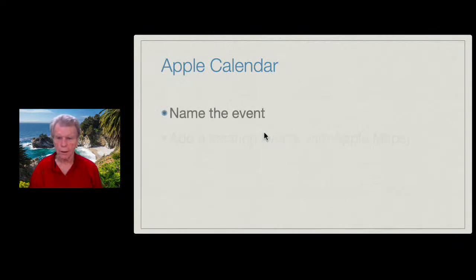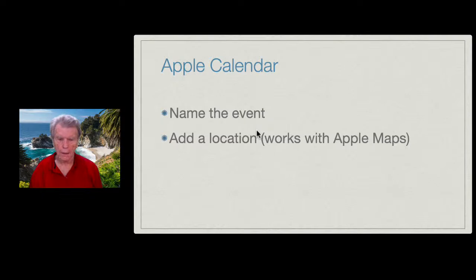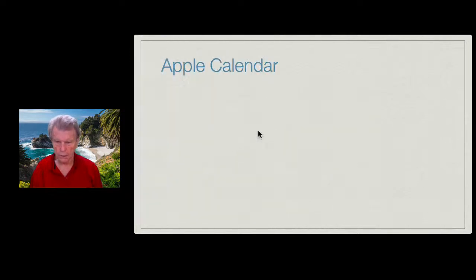So we named the event, we added a location, and when you add that location, it also shows up on Apple Maps. When you go to the calendar event, you click on the location and it opens Apple Maps, and then you can get driving instructions from wherever you are to that location. And we showed you how to set the start time and the end time. You can also set up an event to repeat.